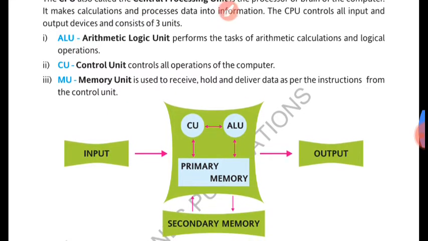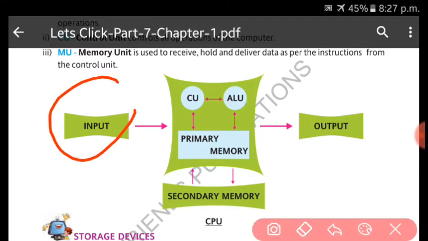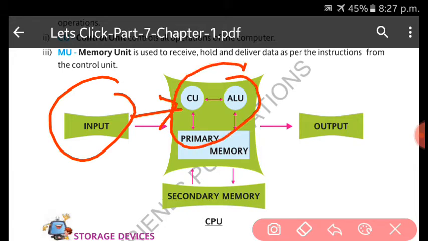By the figure you can see this is the structure. We give this input, this goes to the CPU, all the instructions are processed, data is stored into the secondary memory, and finally it displays the output over the screen. This is all about that.